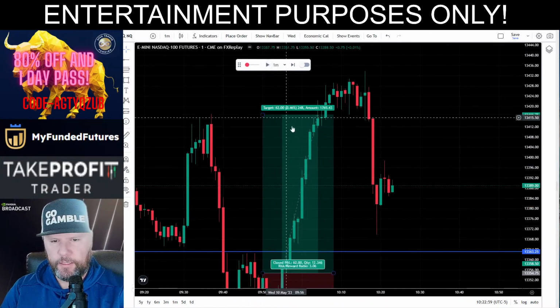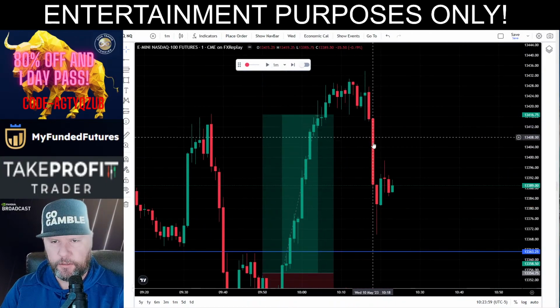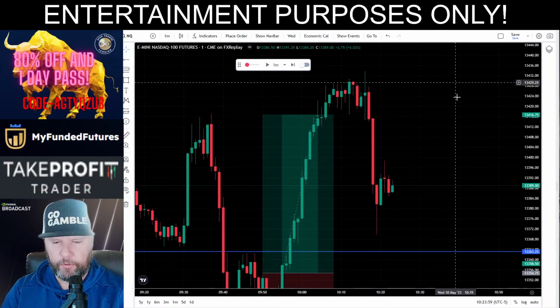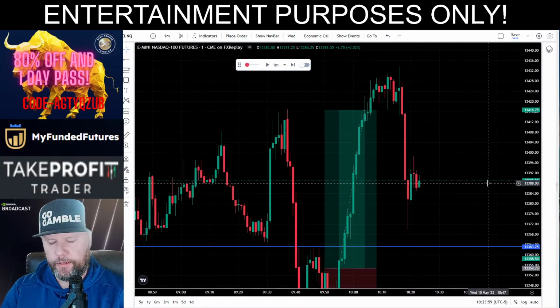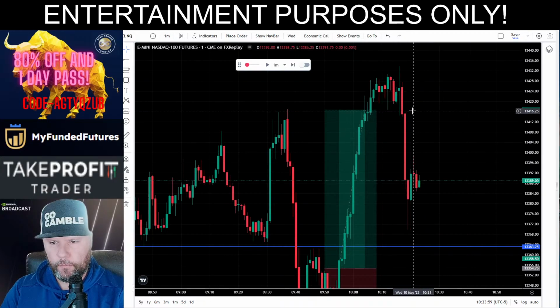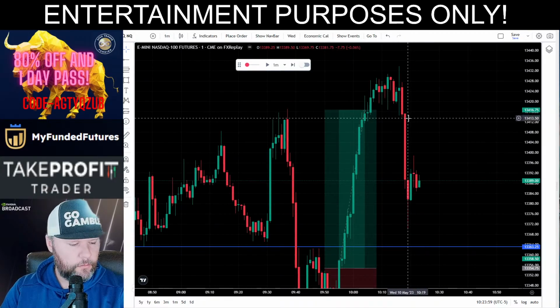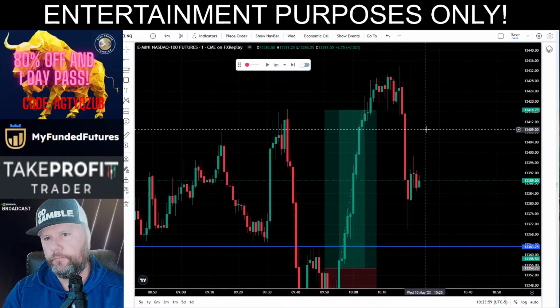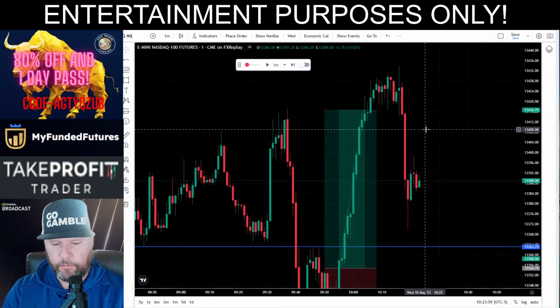Getting some volatility here. All right, so we'll watch this one now. If we inverse that one. Actually, here's the thing. This one should hold, right? This is where it gets a little questionable here.